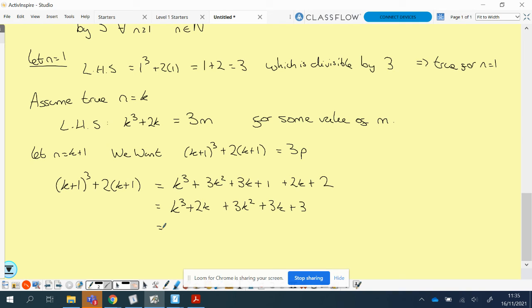So k cubed plus 2k, well, I know from the assumption stage that is going to be the value 3m. Then here, you'll notice that all my other terms are also divisible by 3.